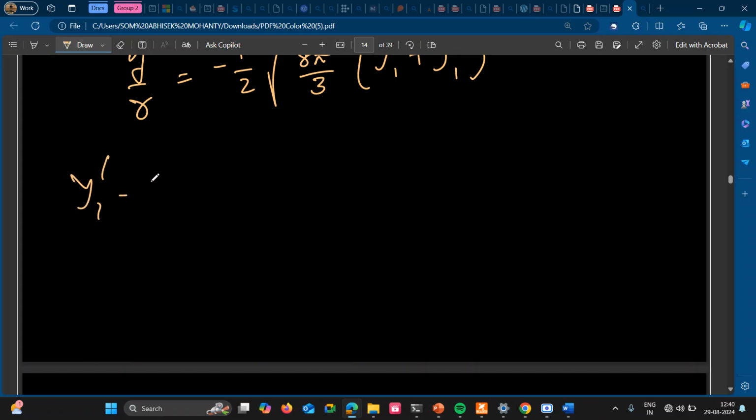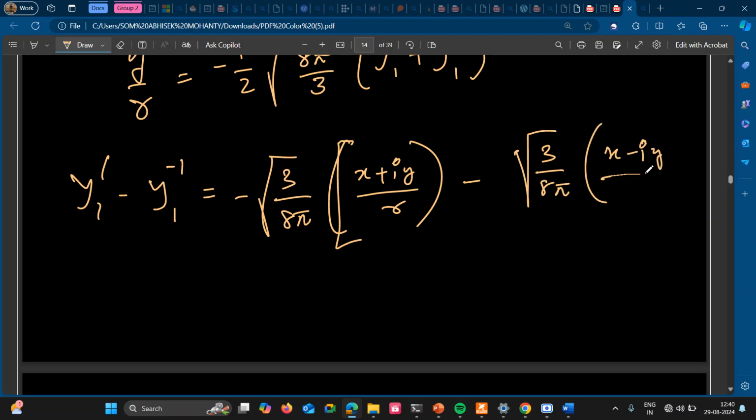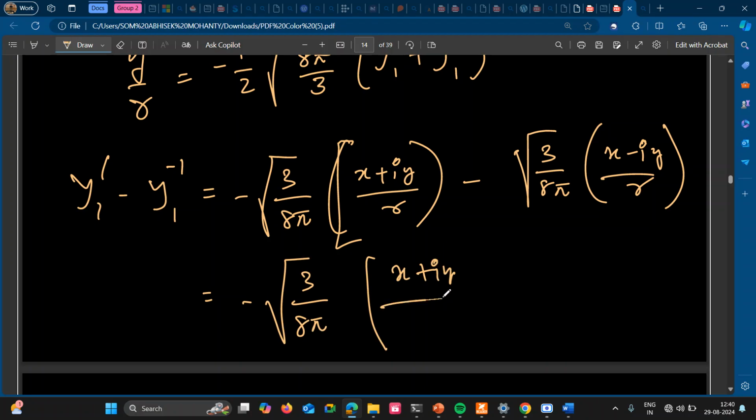So Y11 minus Y1 minus 1 will be minus root over 3 by 8 pi common, (x plus iy) by r plus (x minus iy) by r.